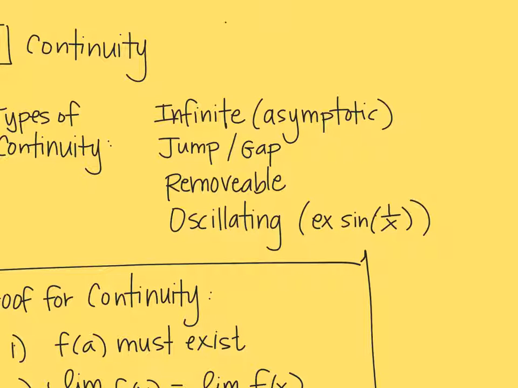The oscillating ones are the tougher ones, and you'll usually have your graphing calculator to check the shape of that one, because those are harder to spot because they don't have anything identifiable. The only thing I would say, well, the function sine of 1 over x, there's got to be a problem at 0 because of the denominator. Those are the only 4 categories.